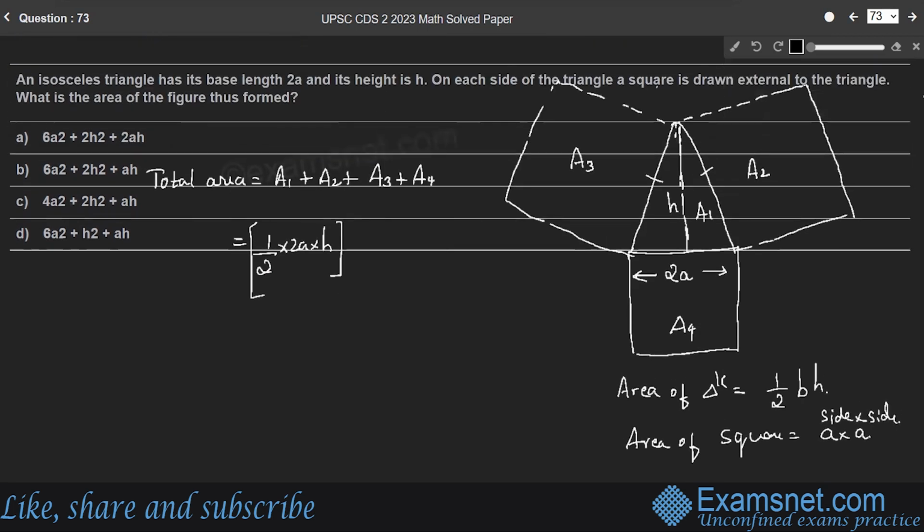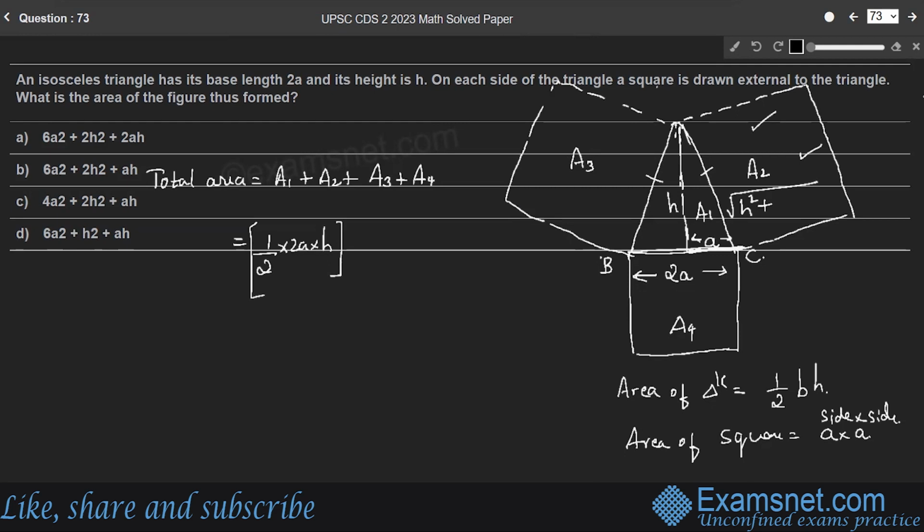So what is the side of the A2 square? We have to use the Pythagoras theorem here to find this side, which is the square root of the sum of the squares of the remaining two sides. So h square plus, this side is only a, because the base length BC is 2a, therefore it's half.